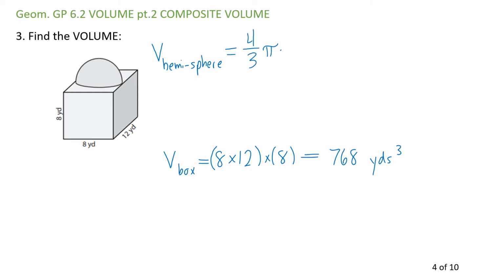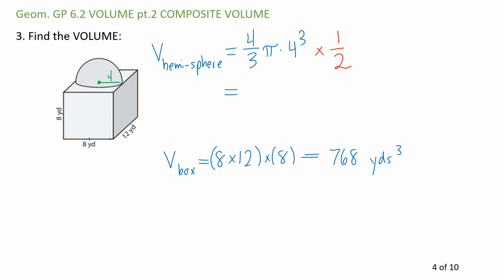Well, I need to worry about the radius first of all. The radius, because this goes all the way to the edges, is going to be half that distance. So the radius has to be 4. So for the volume of this sphere, 4/3 pi r cubed, but then I only want half of it. So my last step is I am going to divide by 2, or multiply times 1/2.